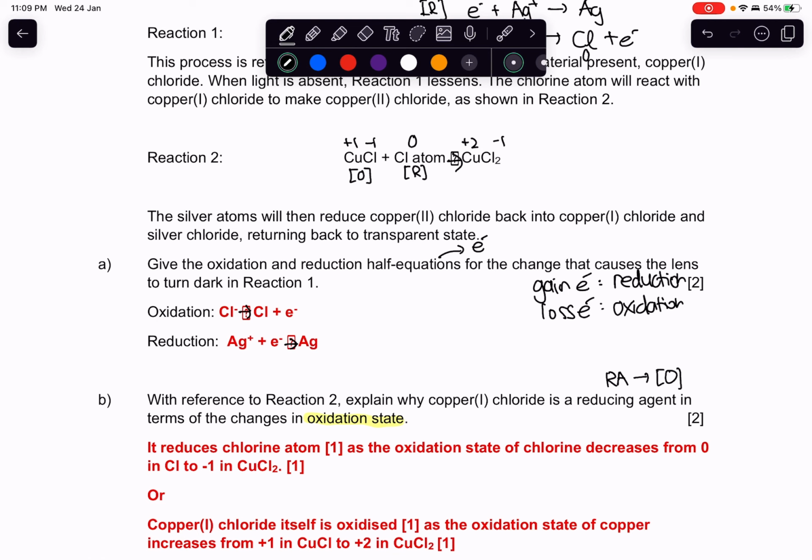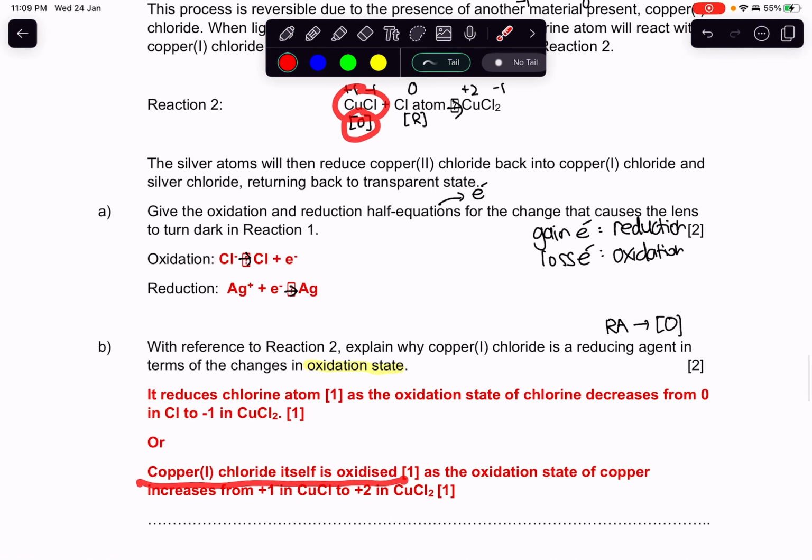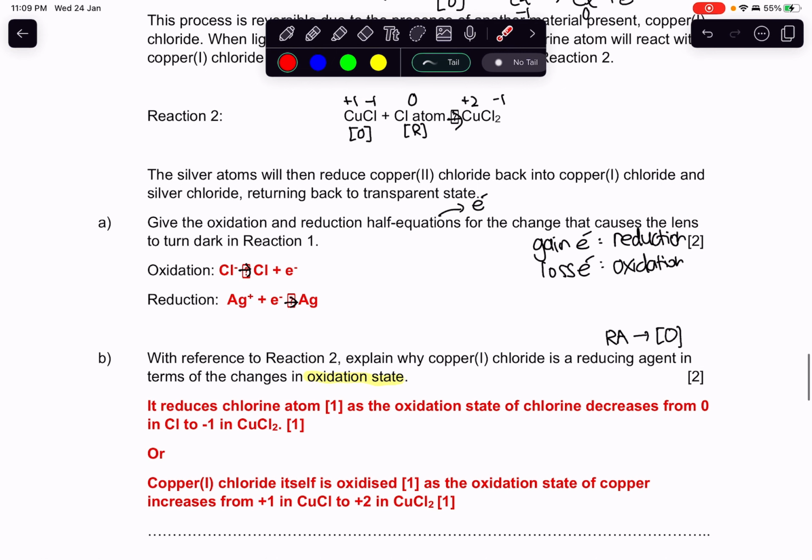So if you want to go with the fact that copper 1 chloride itself is oxidized, you have to say it itself is oxidized first. And how do you prove it? You look at whatever is relevant. In this case, you see Cl is minus 1 in CuCl, and Cl is also minus 1 in CuCl2.